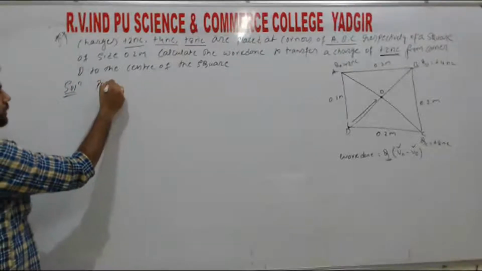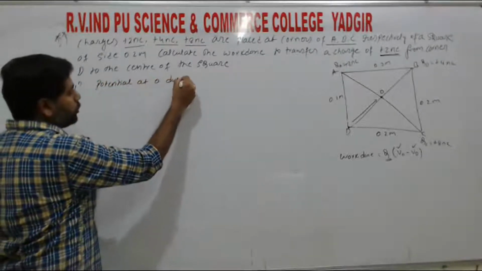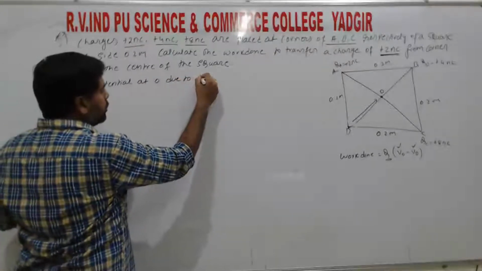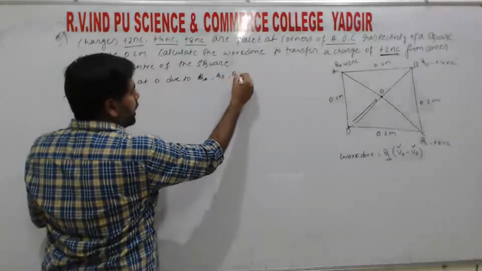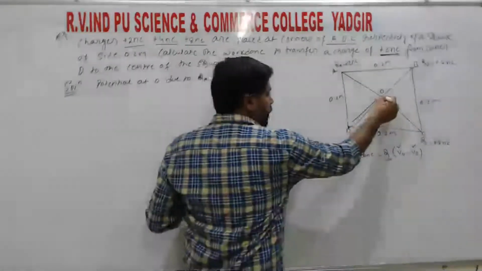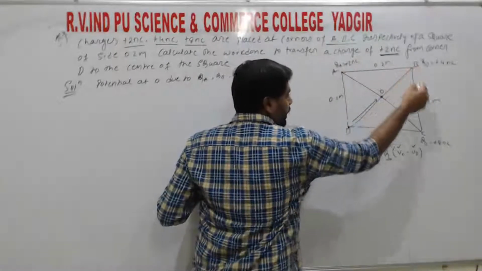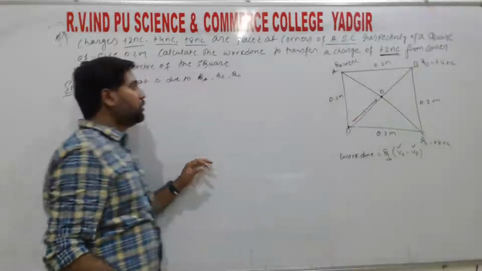So potential at O due to charges QA, QB and QC, right? Here we are finding the potential due to A, B and C. Here we don't have any other charge, right?